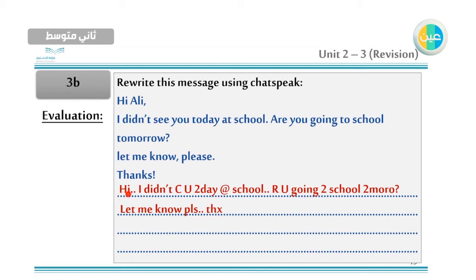So, hi, I didn't see you today. This is the word today. At school. So instead of writing "at", we write the symbol at. Are you going to school tomorrow? Let me know, please. Thanks.